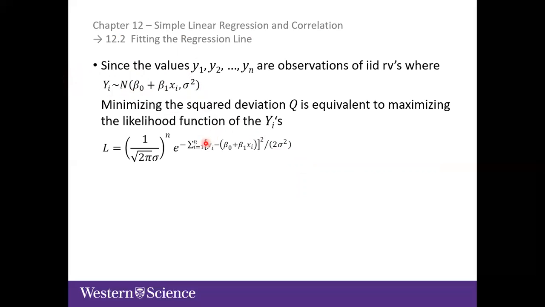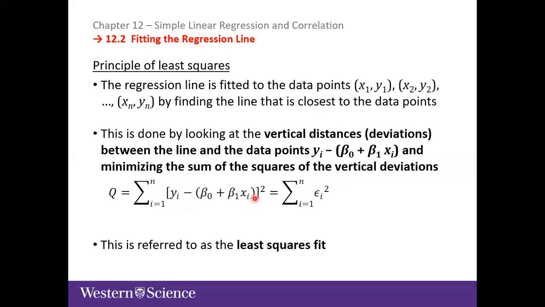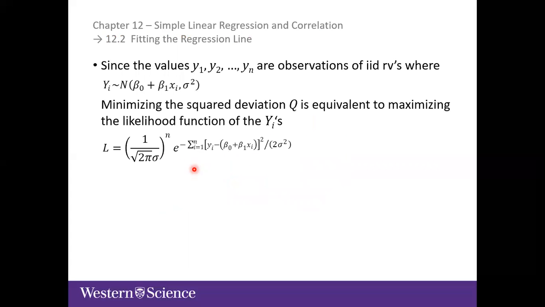And if we write down the likelihood function of the n independent samples, it can be written as this one. And you see here, it's exactly the same expression as in this equation, which is based on the least squares method.